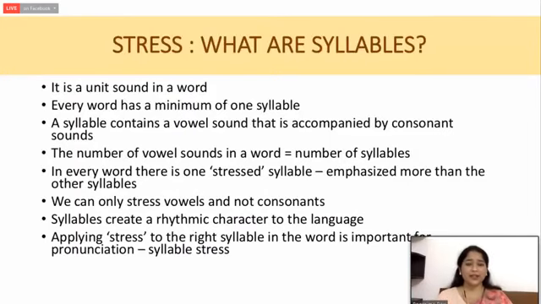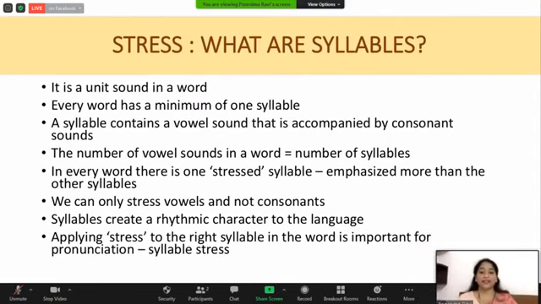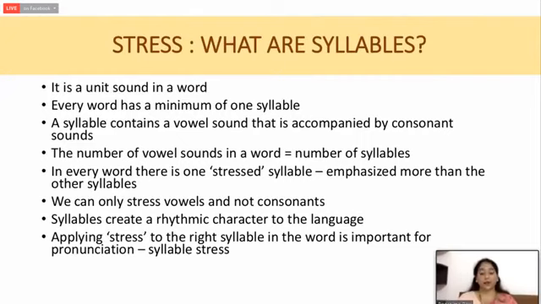So let us look closely at syllables, because syllables are where the stress is applied. It is a unit of sound in a word. Now every word has a minimum of one syllable, like car, book. A syllable contains a vowel sound that is accompanied by consonant sounds.